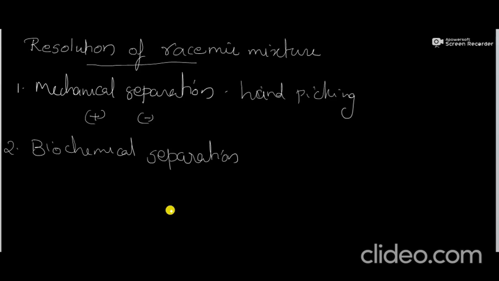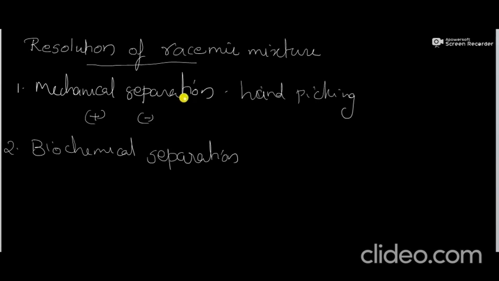It is based on the fact that when certain microorganisms such as yeast, molds or bacteria are allowed to grow in the solution of a racemic mixture, they selectively assimilate one form over the other. In such a case, the other form is left in the solution without any destruction. The isomer left in the solution can be isolated by crystallization.